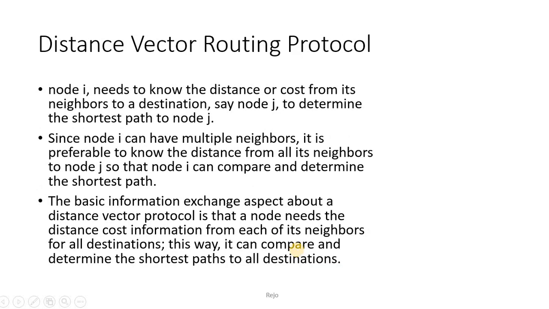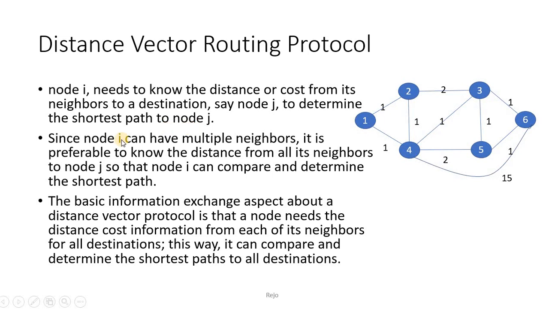We'll look into the distance vector routing protocol. Here we go, and as usual, we'll refer to node I as the source node and node J as the destination node. When node I needs to know the cost from its neighbors to a destination, say node J, to determine the shortest path to node J, the source node will be expecting the neighbor nodes to provide their information.